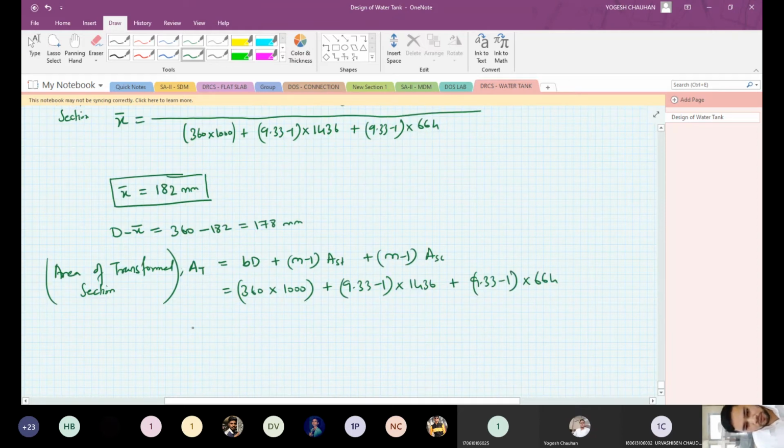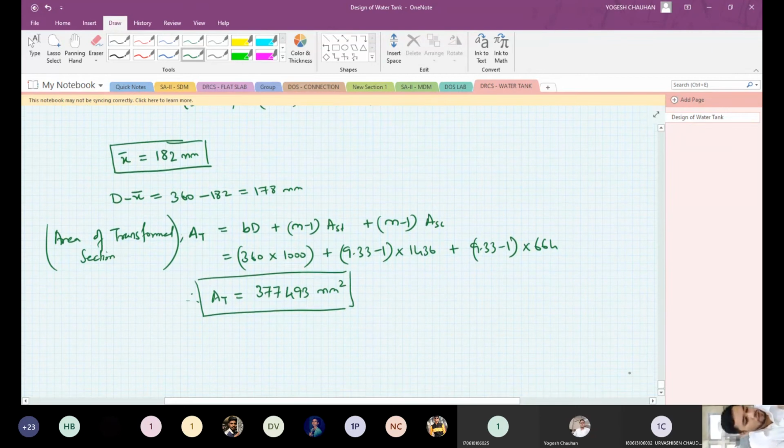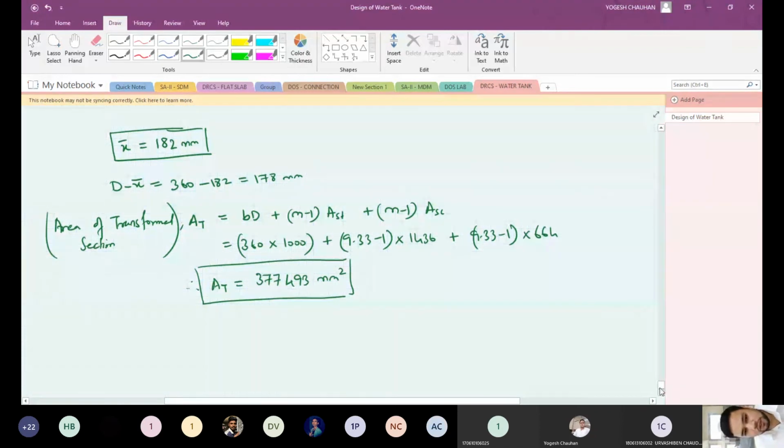So this transformed area AT is equal to 377,493 mm square. Then we have to find the moment of inertia of the transformed section.